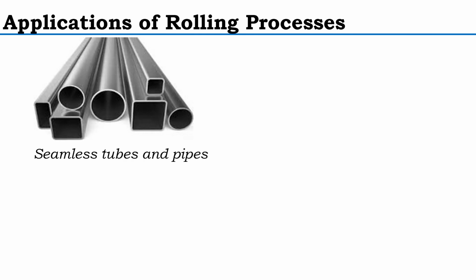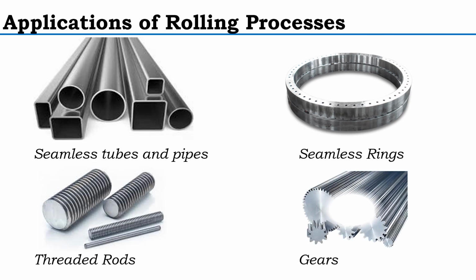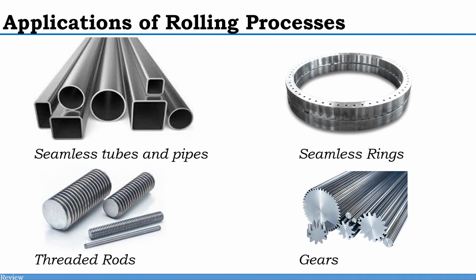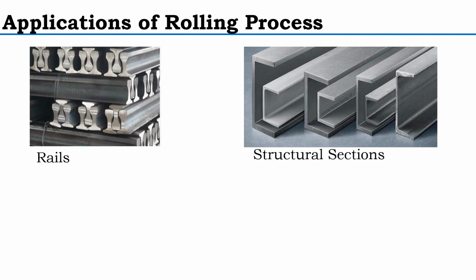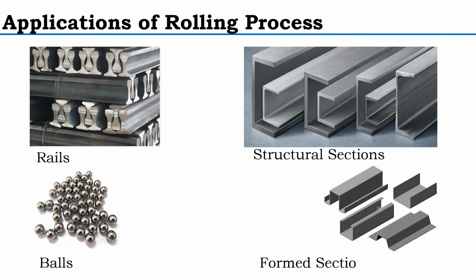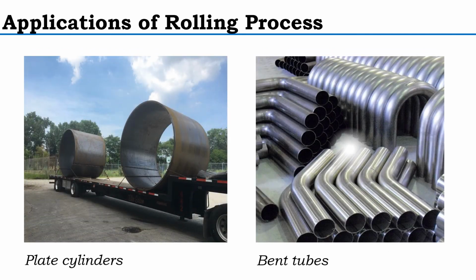Further applications of rolling processes include seamless tubes and pipes, seamless rings, threaded rods, gears, rails, structural sections, balls, formed sections, plate cylinders, bent tubes.